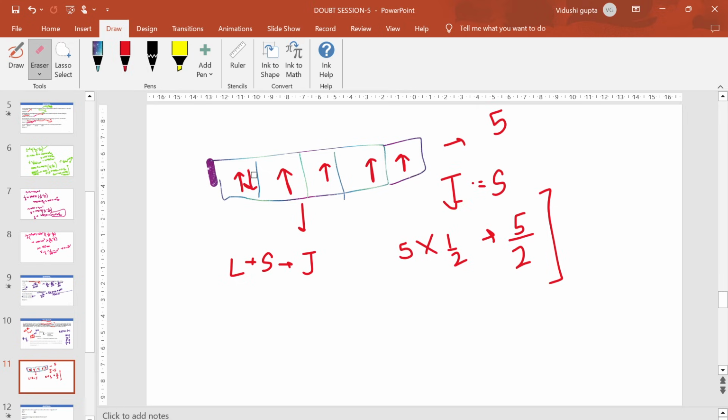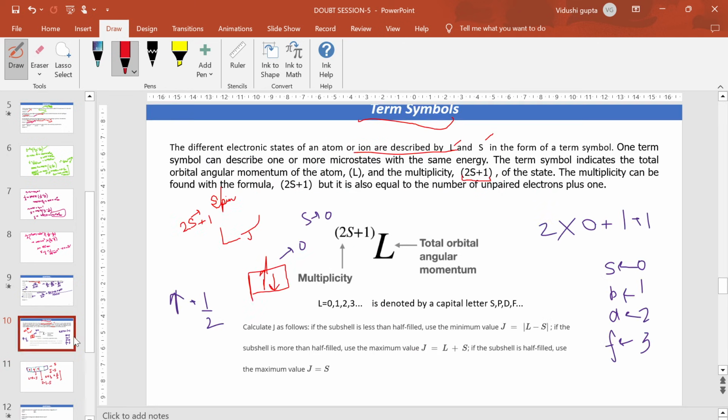Now, suppose 3 electrons, then it is less than half filled, because half filled is 5. So for less than half filled, you will use the formula J equals L minus S. So this you have to remember for the term symbol.